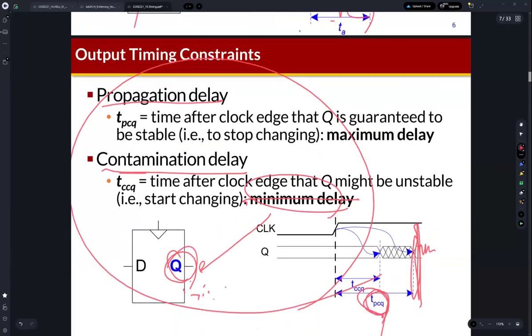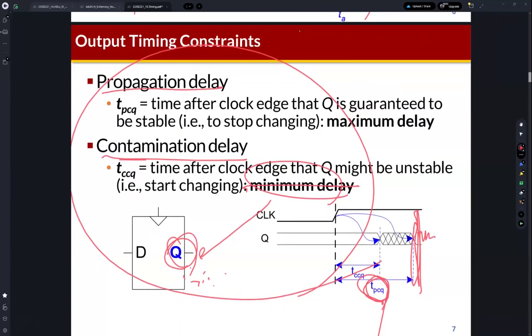We learned about the output timing: the D flip-flop has an output port, and this output port also exhibits delay from the rising edge of clock, because this is also a circuit.